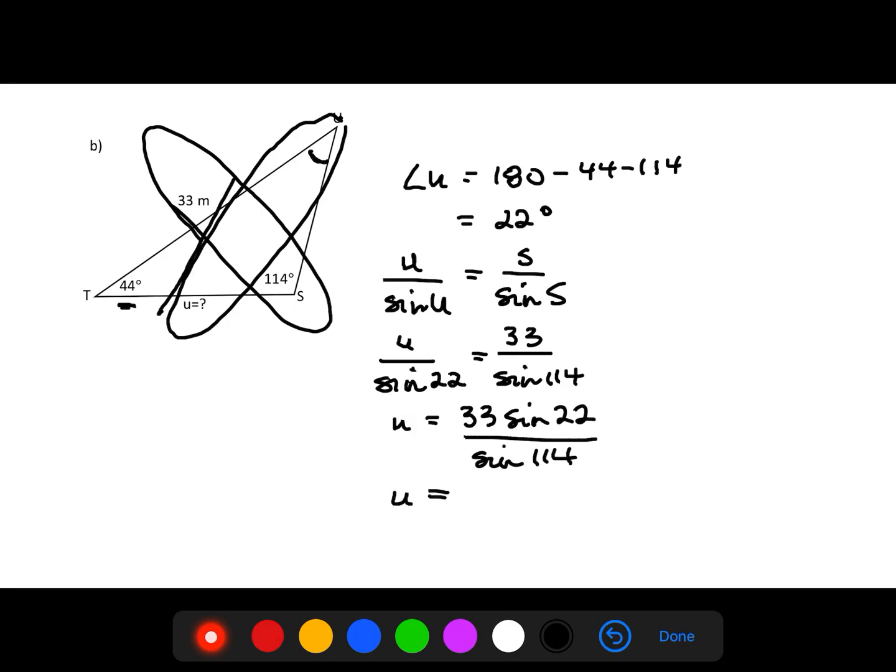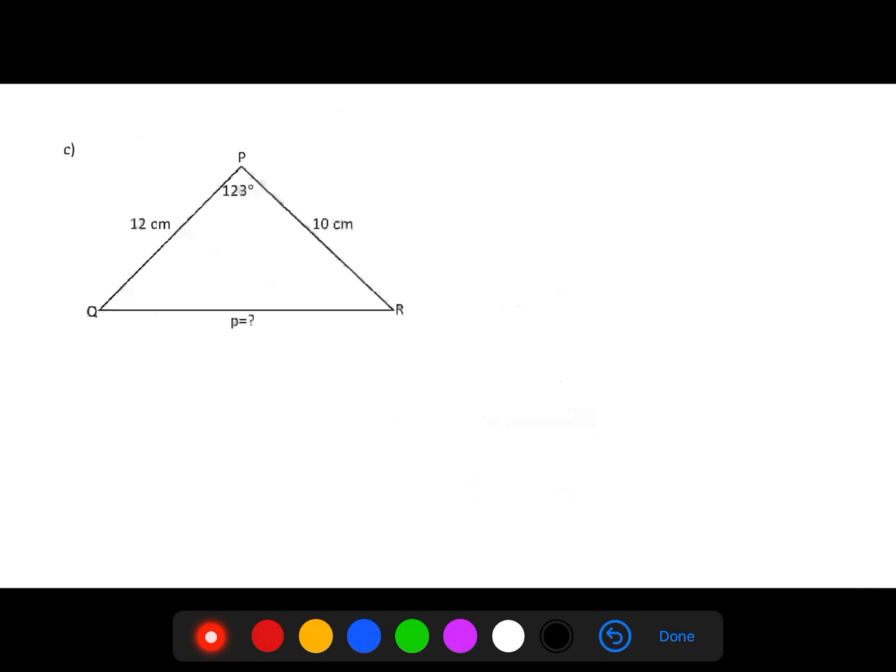Taking our sine 22 over to the other side where it becomes multiplied, and putting that into our calculators, 33 times sine 22 divided by sine 114 and equals, and rounding to one decimal place, we see that U is equal to 13.5 meters.